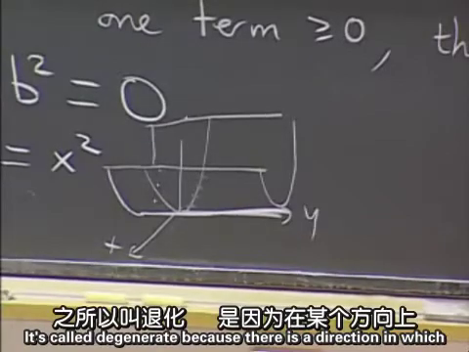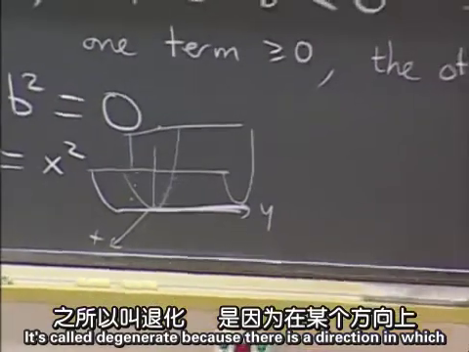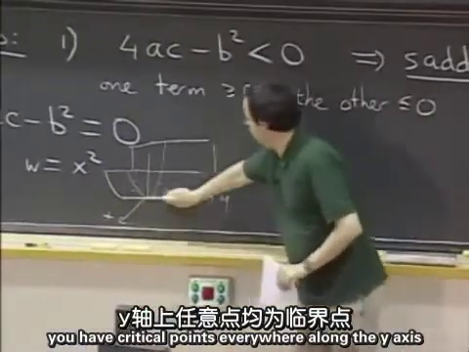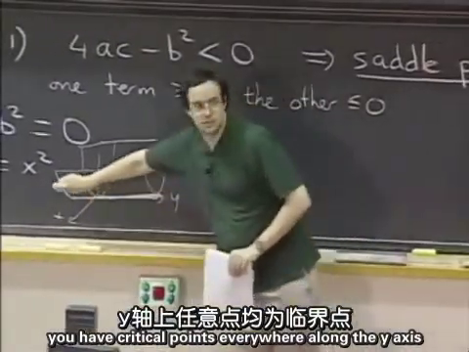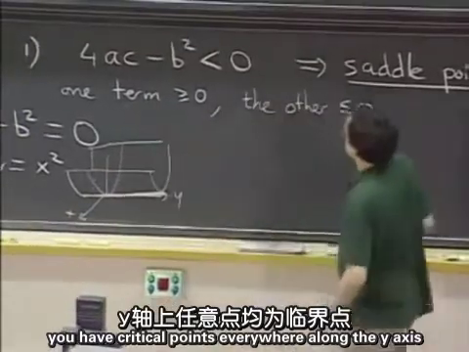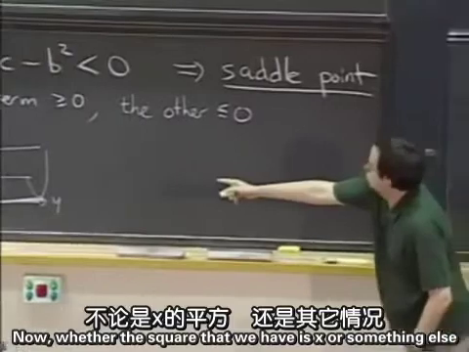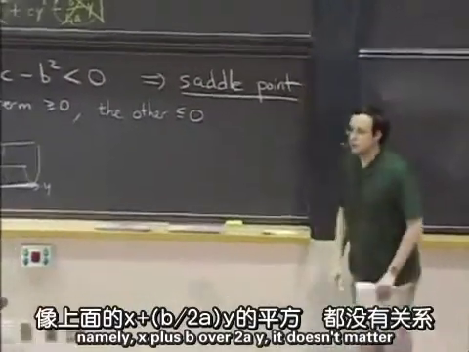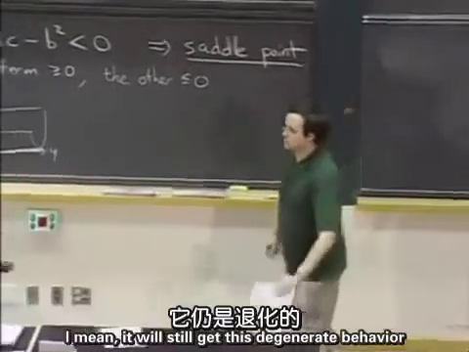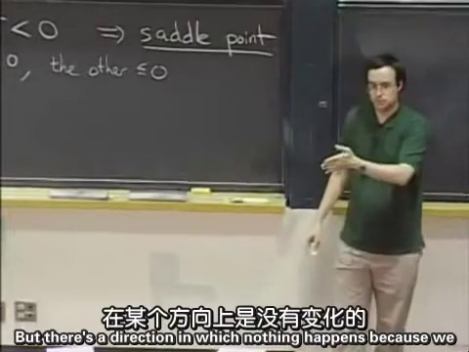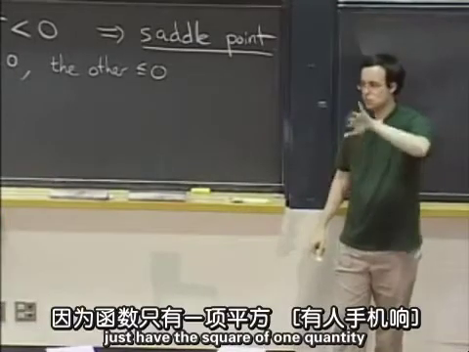It's called degenerate because there's a direction in which nothing happens, and in fact you have critical points everywhere along the y-axis. Now whether the square that we have is x or something else, namely x plus b over 2a y, it doesn't matter. It will still get this degenerate behavior, because we just have the square of one quantity.